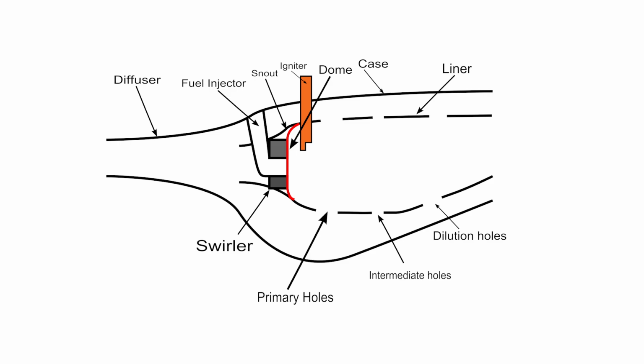The swirler establishes a local low-pressure zone that forces some of the combustion products to recirculate, creating the high turbulence. However, the higher the turbulence, the higher the pressure loss will be for the combustor. So the dome and swirler must be carefully designed so as not to generate more turbulence than is needed to sufficiently mix the fuel and air.